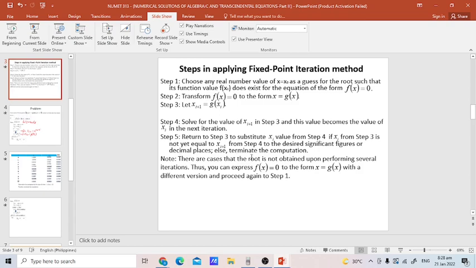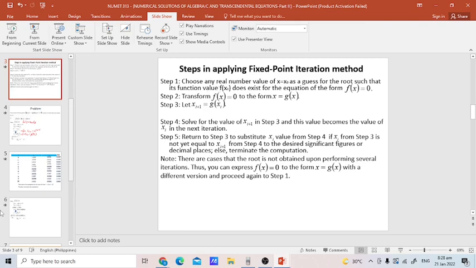Note, there are cases that the root is not obtained upon performing several iterations. Thus, you can express f of x equals 0 to the form x equals g of x with a different version and proceed again to step 1.